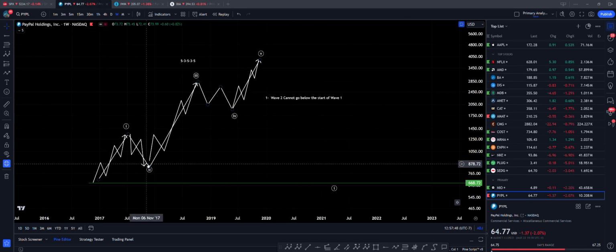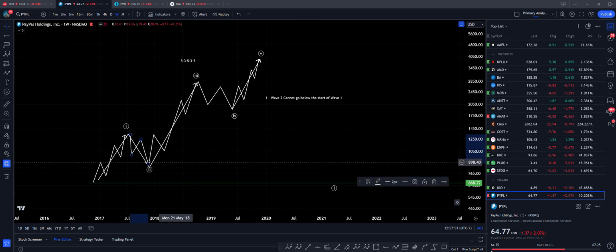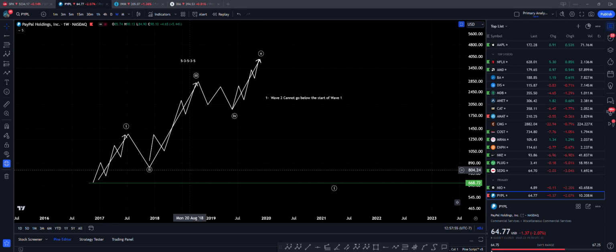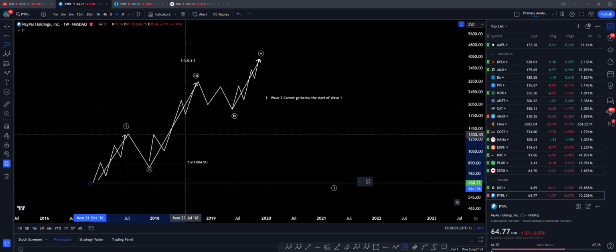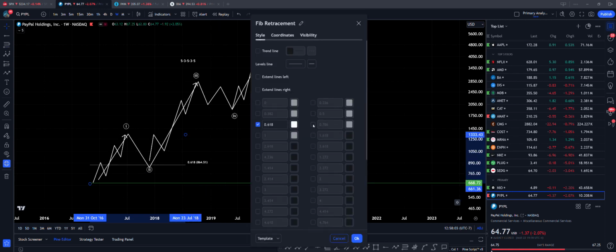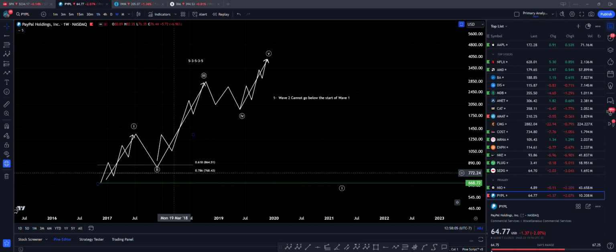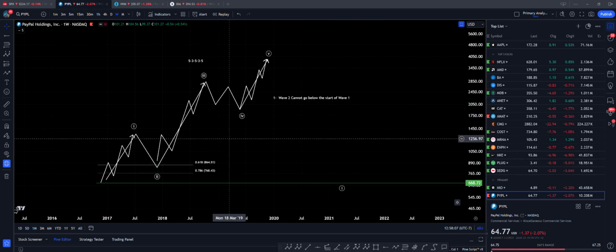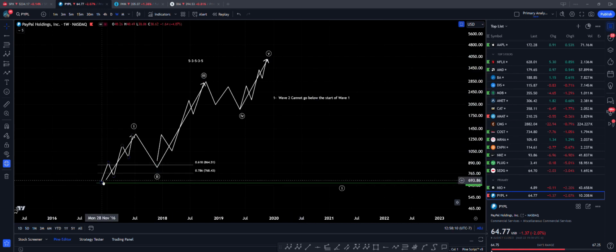And the Fibonacci retracement is generally about 61 to 78%. That's what we call the golden pocket zone, and 61 and 78 is a good place to come to. So wave two cannot go below wave one.